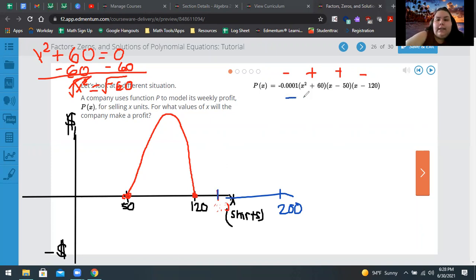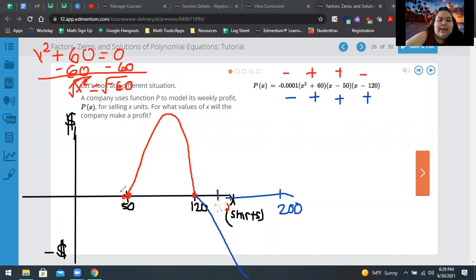So right here I have a negative. 200 squared plus 60 is still positive. 200 minus 50 is positive. 200 minus 120 is positive. All these three positives still give me a positive, but this negative will actually make it go down below.